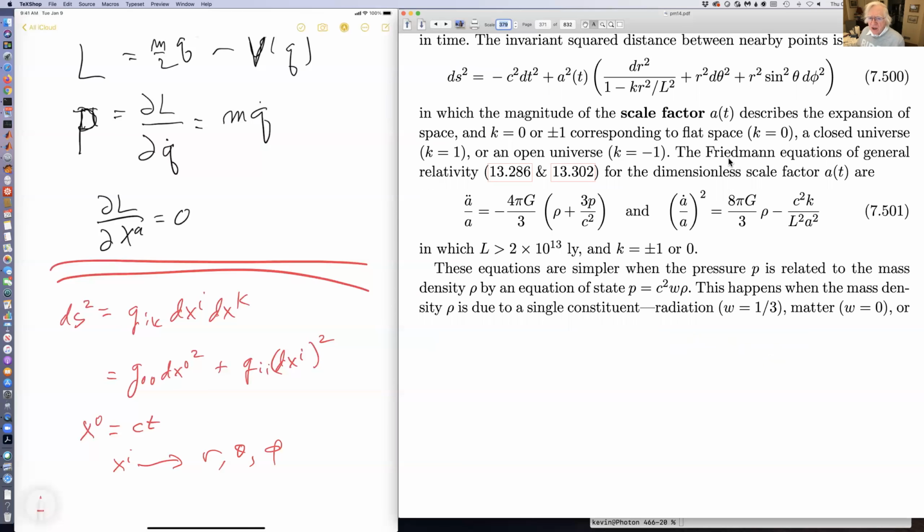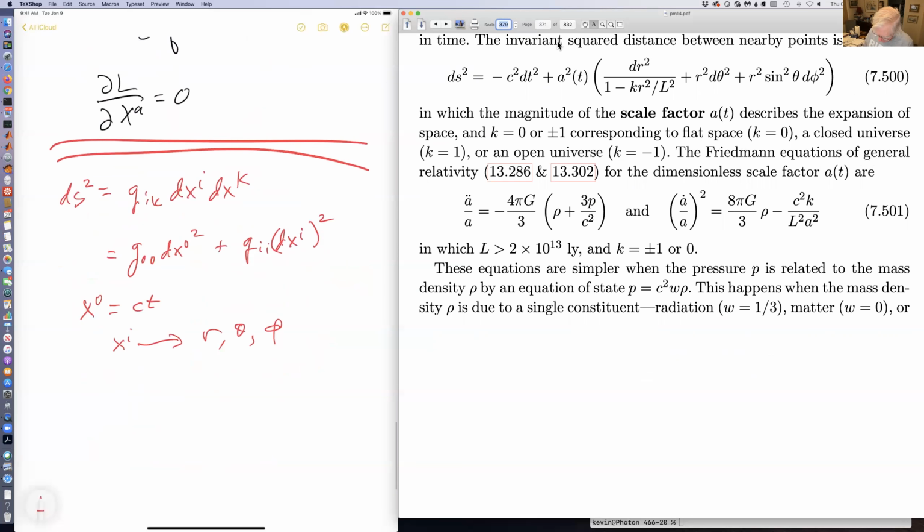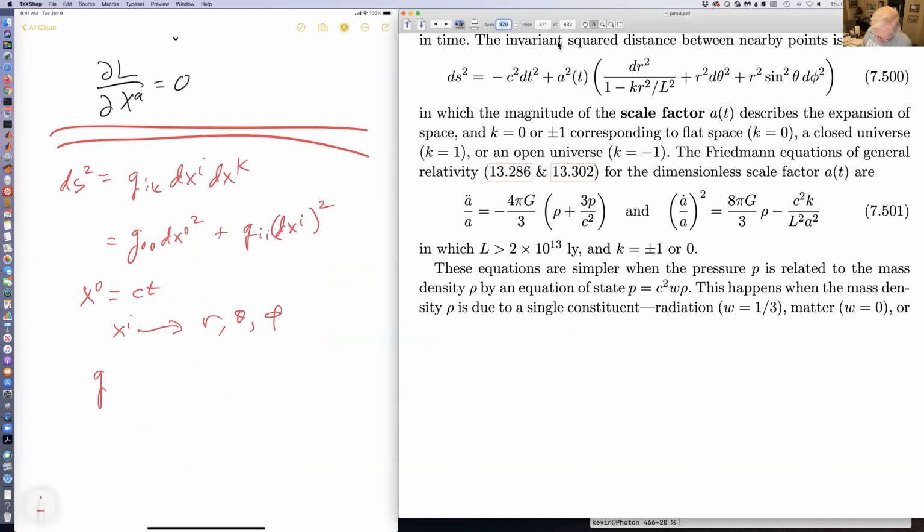And if you now go to general relativity and follow Einstein, he tells you how that g_ik is due to the mass density throughout space-time.